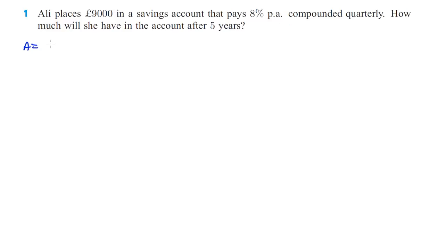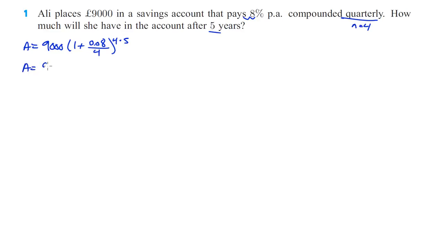The ending amount is going to be our original investment, 9,000 pounds, times 1 plus, turn that 8 into a decimal, 0.08, over, compounded quarterly, so that means that our n is going to be 4, because there's 4 compound periods per year, so 4's go in both those spots, and it's for 5 years, so 4 times 5.